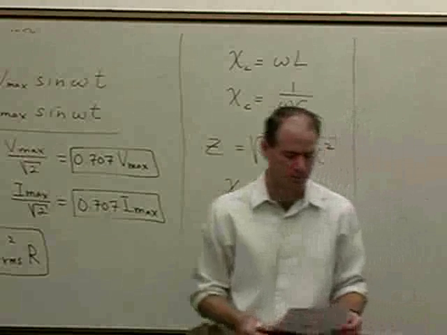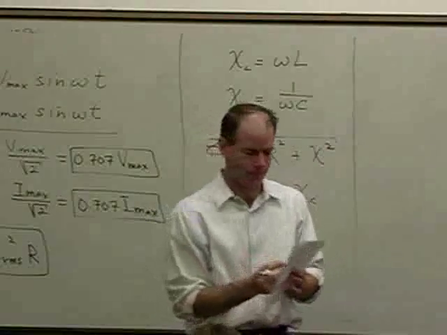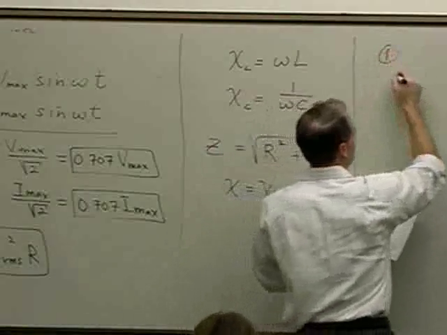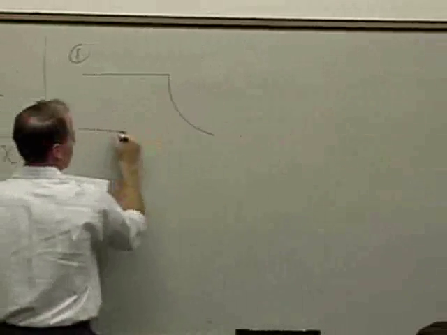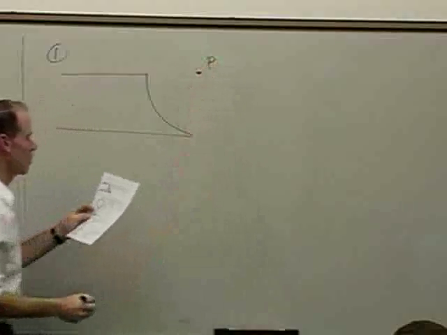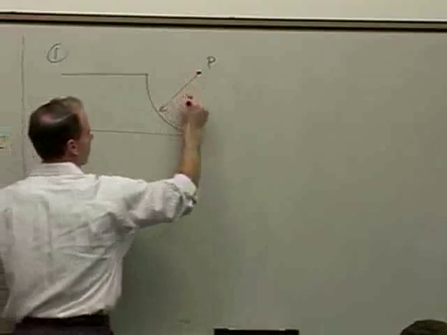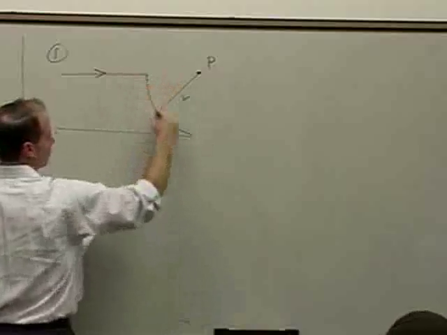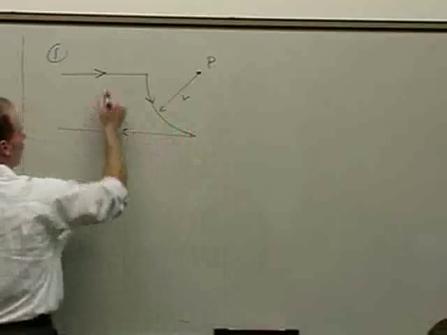The first problem is a Biot-Savart law problem from chapter 30. There's some point P here, and we have a current coming in to P, and it goes through this curvature here, and then it comes out over here.